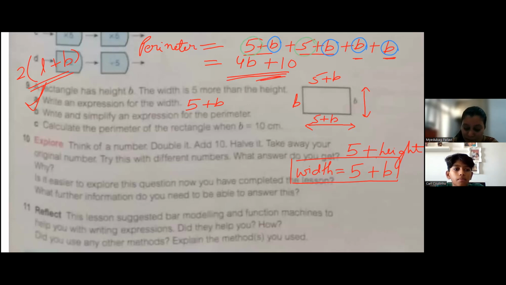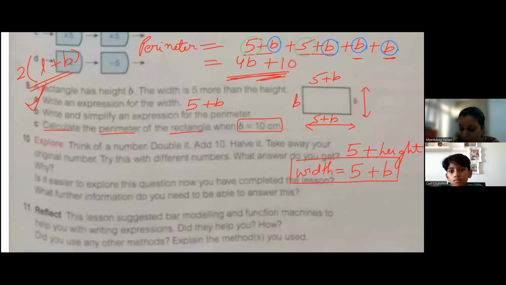Then next is C part. They have asked us to calculate the perimeter of this rectangle when b is equal to 10. So they are saying that this is the general expression for perimeter. Now, when the value of b is 10 centimeters, what will be the perimeter?